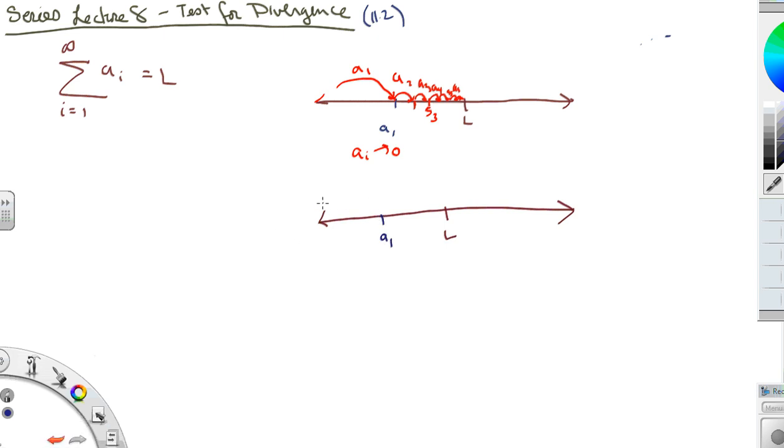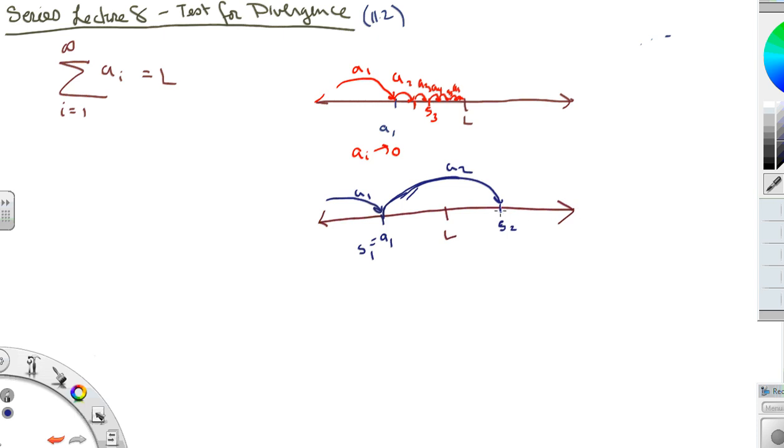And maybe A2 is also positive, and it jumps way over here. So this is going to be S2, which is A1 plus A2, right? A1 here is actually equal to S1. Now, of course, if all of the A's are positive, I'm never going to get back. I would keep going forward. I would never come back.